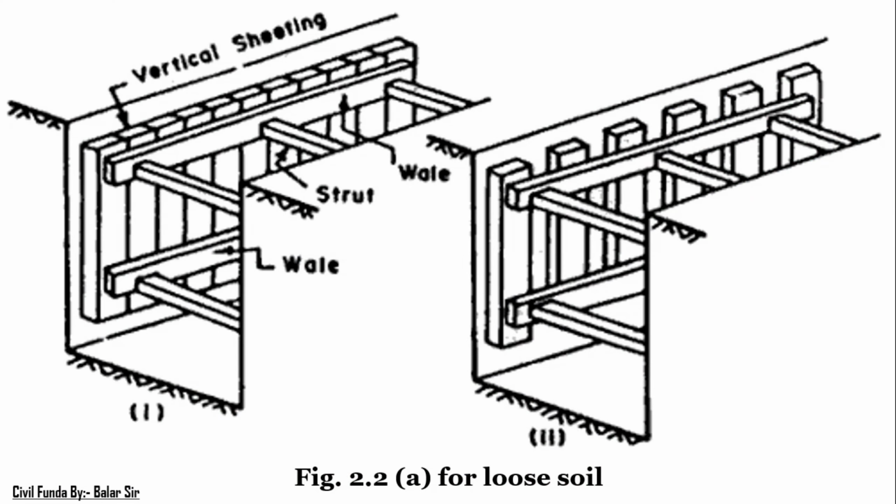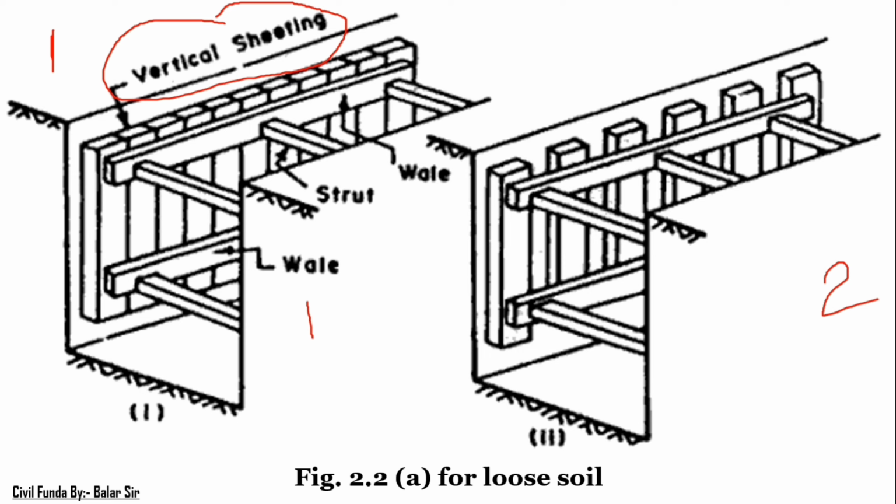Okay, now here we take condition number 1 and here we take condition number 2. So these two conditions are for the loose soil, as you see in the indication of the figure name. In the first condition we see that all the vertical sheets are fixed, touching each other.